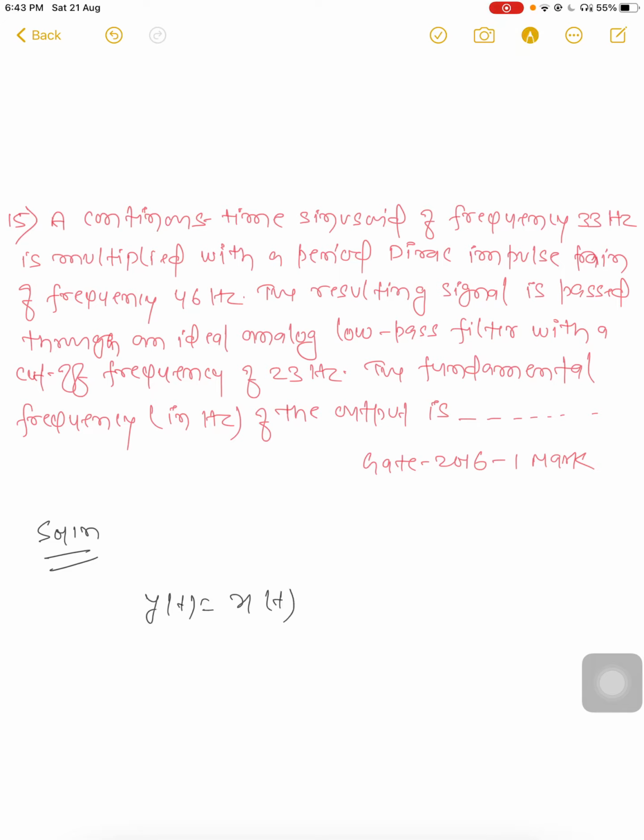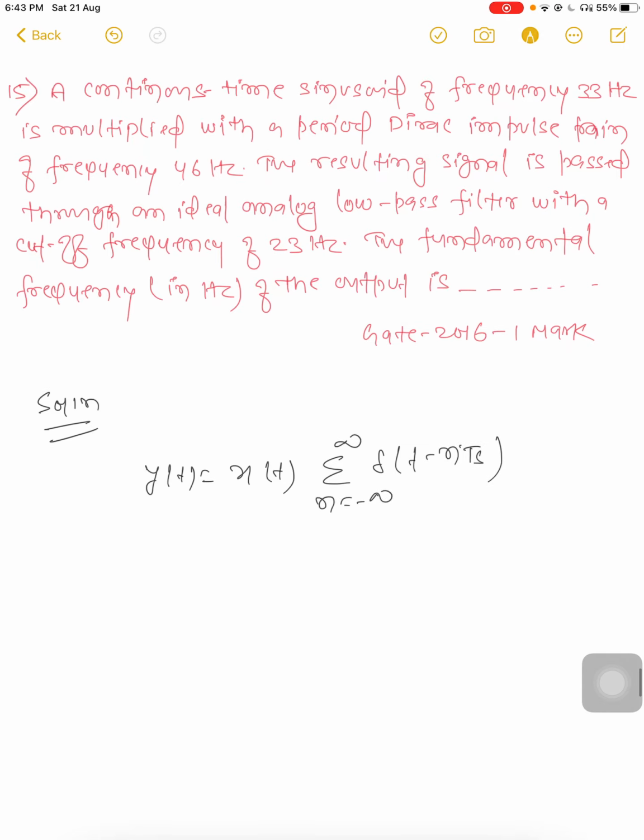So yt is equal to xt, a continuous time sinusoidal signal of 33 hertz, multiplied with a periodic Dirac impulse train of 46 hertz. So multiply by del(t minus n Ts).